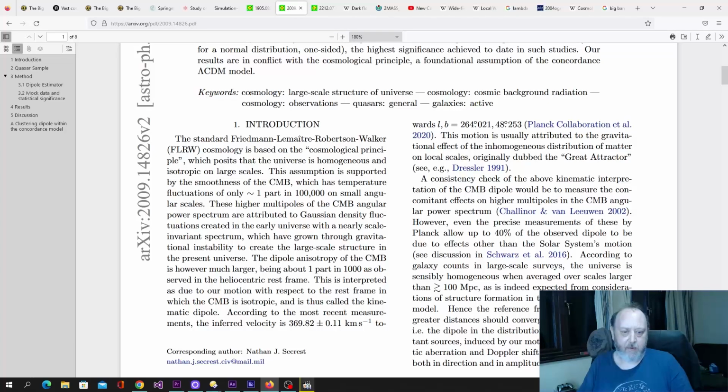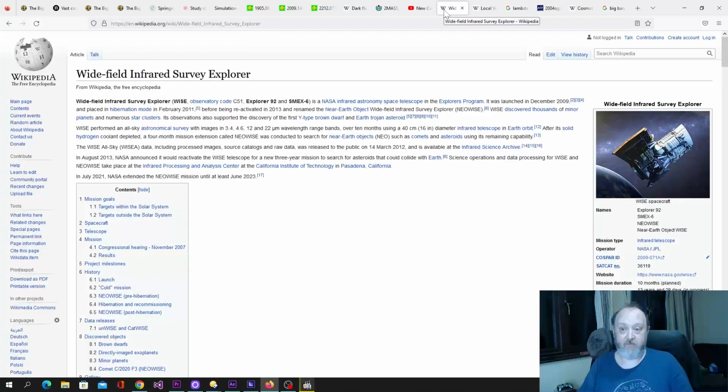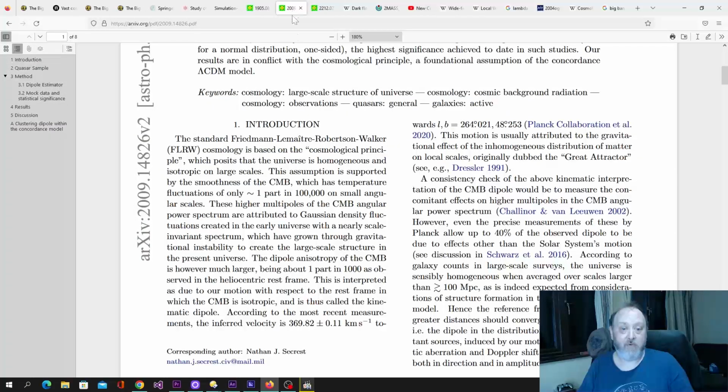The dipole anisotropy of the CMB is, however, much larger, being about 1 part in 1,000, as observed in the heliocentric rest frame. So the heliocentric rest frame is our position, or more specifically, it's from this particular satellite, the frame of rest that we're doing our measurements from.